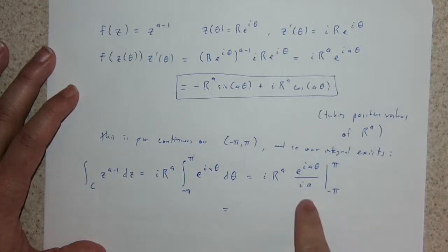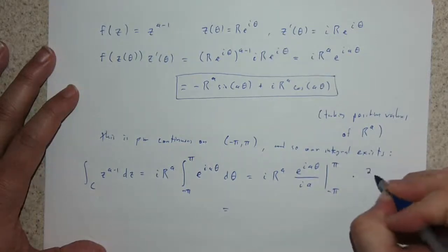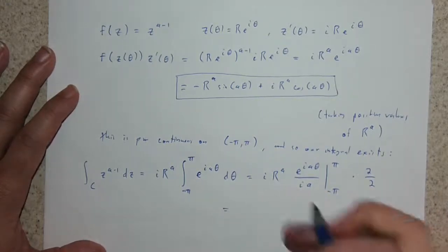So I'm going to multiply this by 2 over 2. The reason why I'm going to do this is so that I can write this in a particularly nice way. You'll see why I'm doing this in a second. So multiplying by 2 over 2, I'm not going to cancel the i's yet.